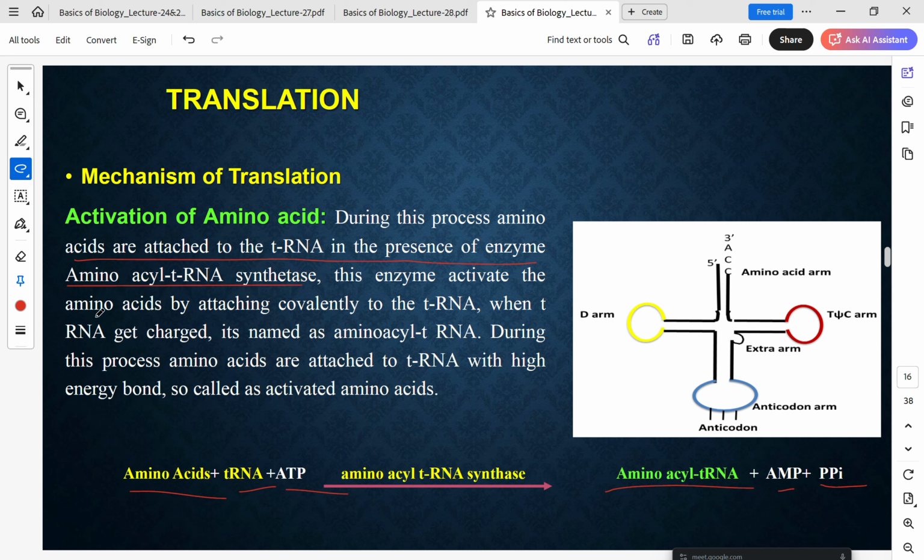This enzyme activates amino acids by attaching covalently to the tRNA; when the tRNA gets charged it is named aminoacyl tRNA. This is a very high energy bond, and these tRNAs are known as activated amino acids.